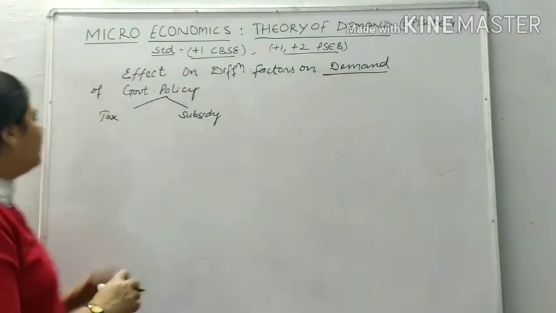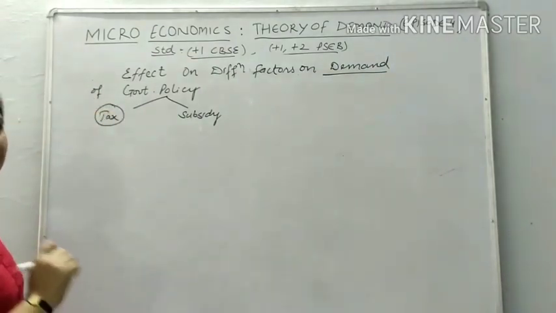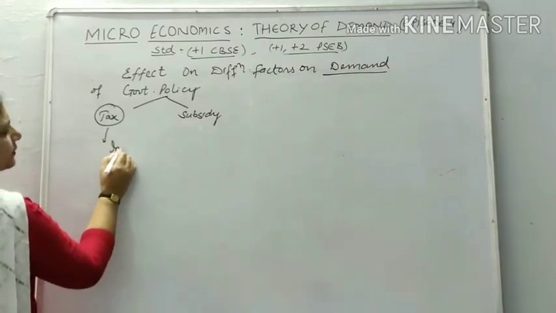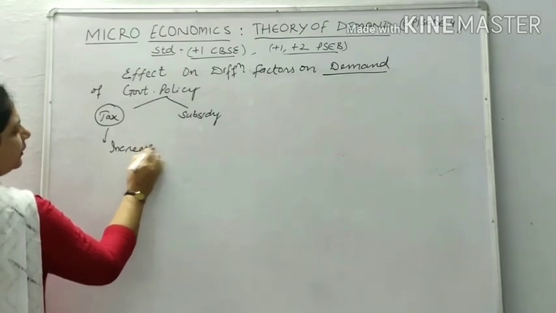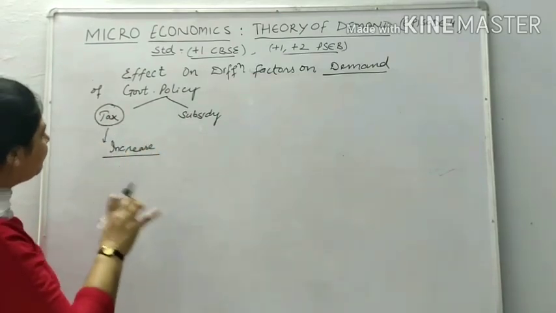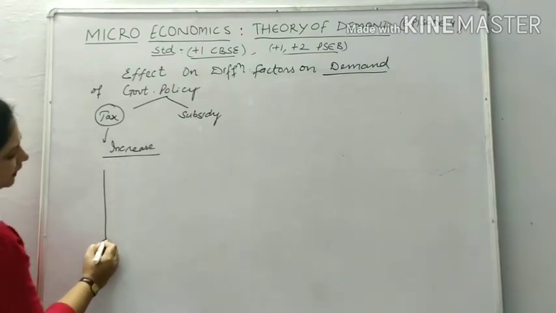Okay, I am taking here firstly the effect of taxes. Suppose tax got increased. Taxes are imposed on consumers indirectly or directly.